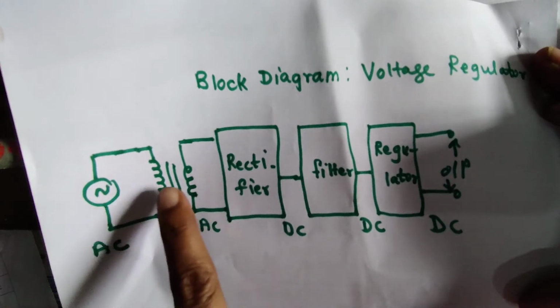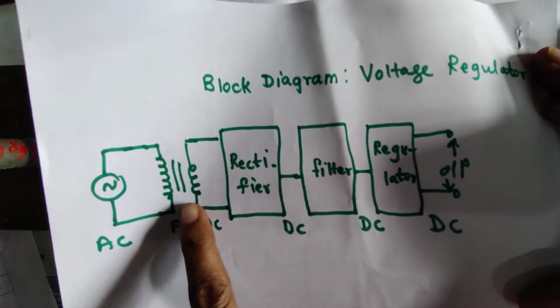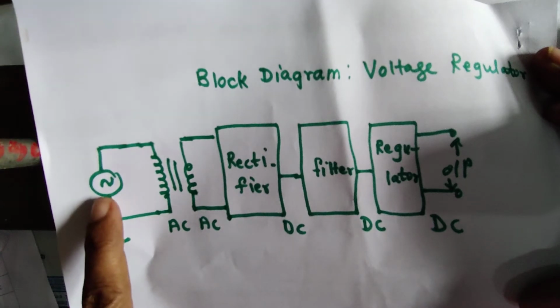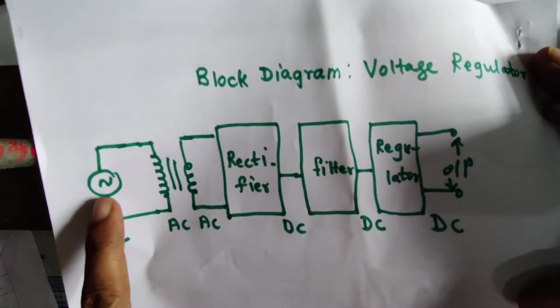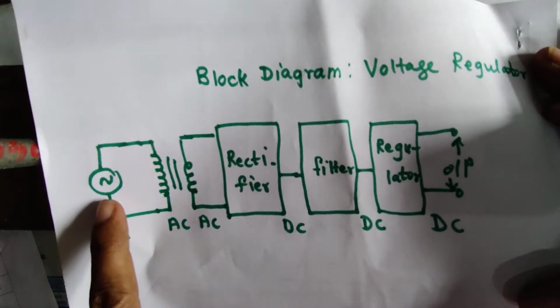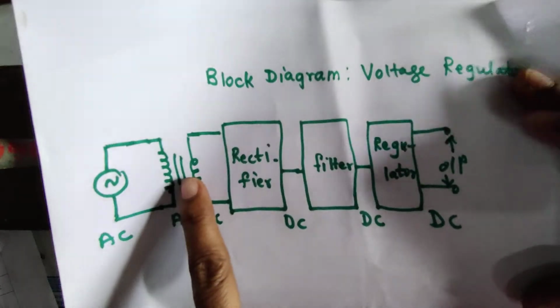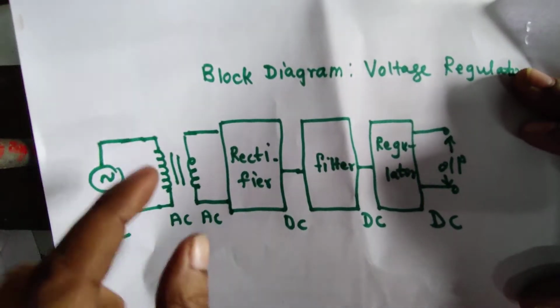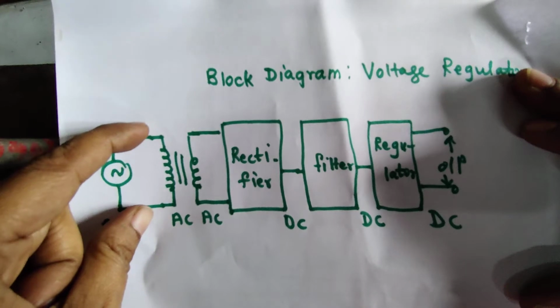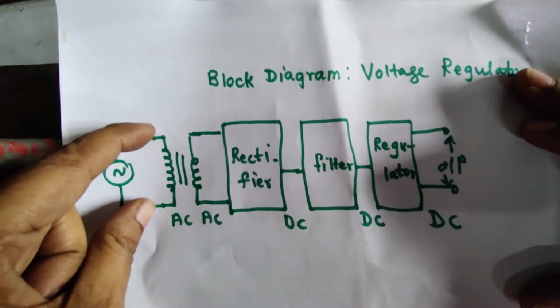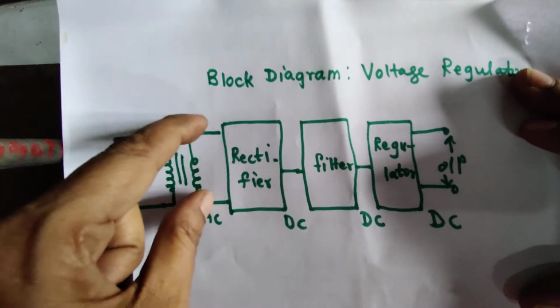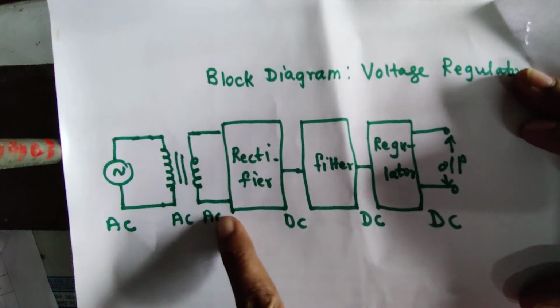Instead of a block, I have drawn here a transformer symbol. So this is AC, alternating current, 230 volt. This is the symbol of a transformer. Across these two terminals there will be AC voltage.